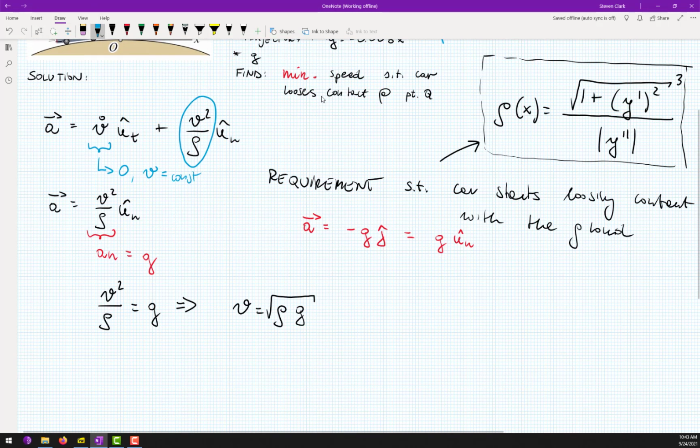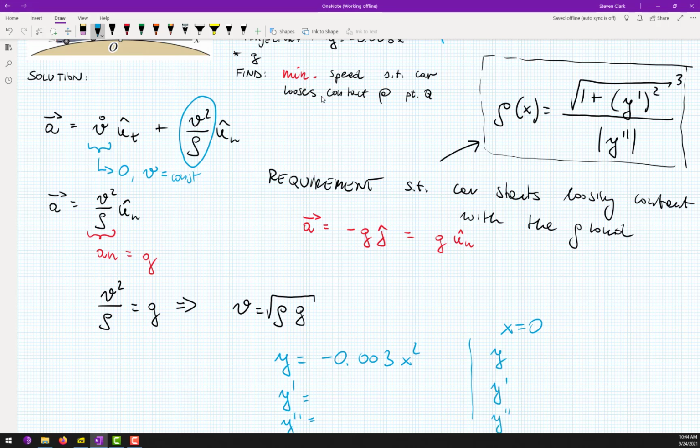So we have 2 more minutes. I would like you to use y equals minus 0.003 x squared. Please find y prime and y double prime, and evaluate them for x equals 0, and plug all of these values in here.